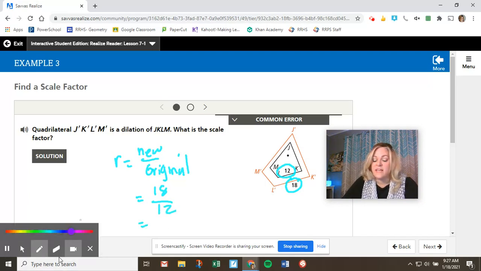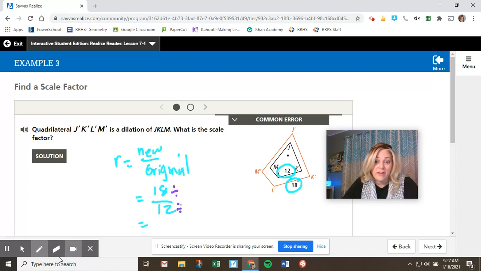To reduce this, think of it as just a fraction. What number goes into 18 and 12 that I can divide by? So if you're not sure, say, I think it's a 2. So I'm going to go by 2. And then I get, okay, well, that's 9 and 6. So I'm like, wait, they both have 3. So I'm going to divide again. And it's okay if you don't pick the greatest common factor at first. It's fine. So 9 divided by 3 is 3. 6 divided by 3 is 2. So I'm like, okay, my scale factor is 3/2.